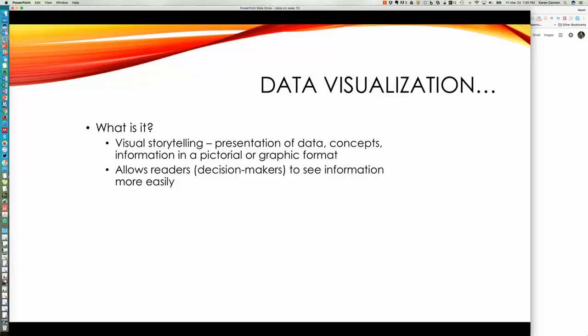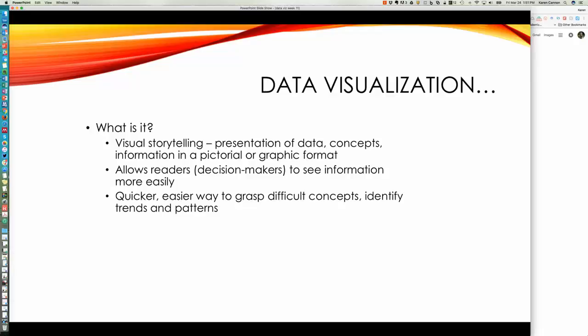So if you're ever trying to convince somebody of something or get them to change their mind about something, this is a particular way of communicating information that can really be helpful to you and help people make decisions. It's quicker, it's easier to grasp complicated ideas and also to see trends and patterns over time. And that's why that big data concept is so attractive and interesting to people.